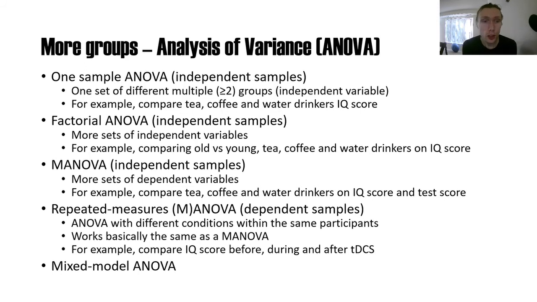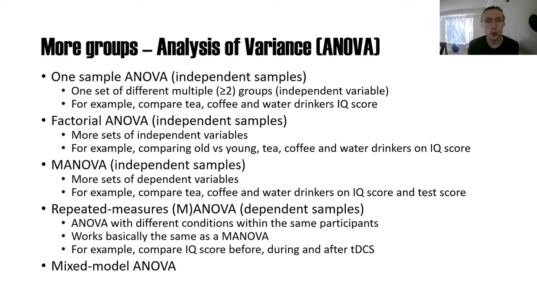And then there's also something called a MANOVA, which stands for multiple ANOVA, or multiple factor ANOVA. And this is an ANOVA if you have multiple dependent variables. Remember, the dependent variable is the thing you measure. So if you would, for example, want to see if tea drinkers, coffee drinkers, and water drinkers differ not only on IQ score, but also on some kind of test score, some kind of exam score, you want to look at whether those groups differ on one score and on another score, then you need a MANOVA, because that looks at those two scores at the same time.